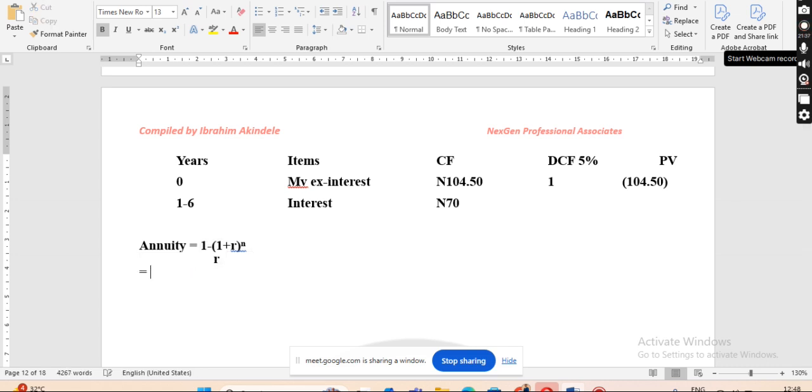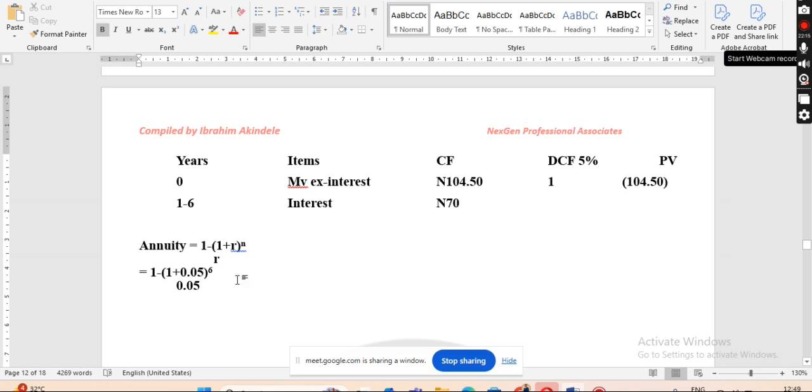It equals 1 minus open bracket 1 plus 0.05, which is the DCF. The number of years is 6, raised to power 6, then divided by R, which is 0.05.